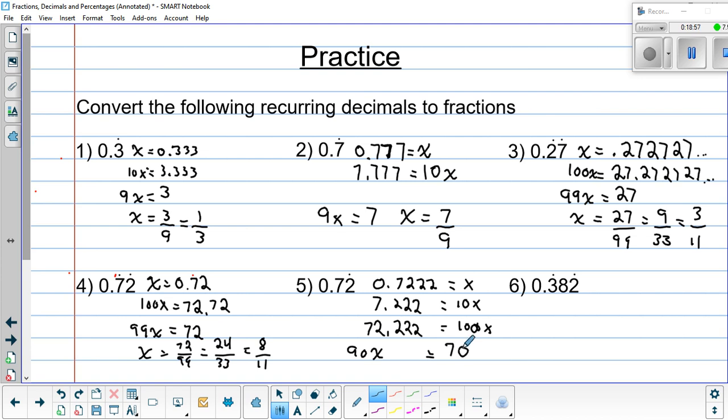Right? Oh, sorry, 65. So we get x is equal to 65/90, which is equal to 13/18, and we're done.